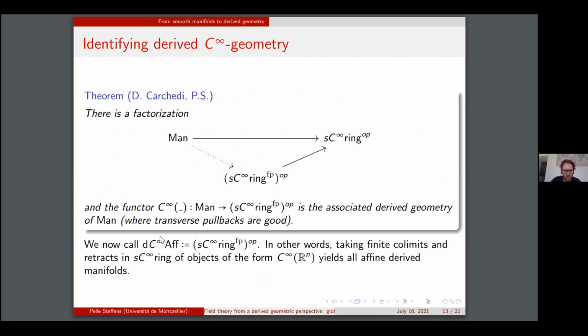So a little word about what homotopically finitely presented objects are here. They can be characterized by taking the objects in the essential image of the Yoneda embedding, and then taking arbitrary finite colimits, or dually, if you think about them geometrically, arbitrary finite limits, and taking retracts of those.